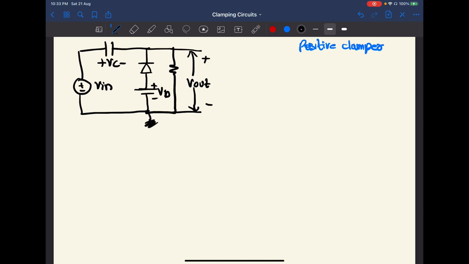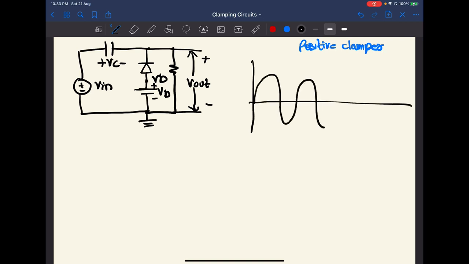So we can ground this. And we can say that it is VB here. Let us assume that we are supplying a sine wave as the input wave of amplitude Vm to minus Vm, and let VB be somewhat below Vm, here minus VB.